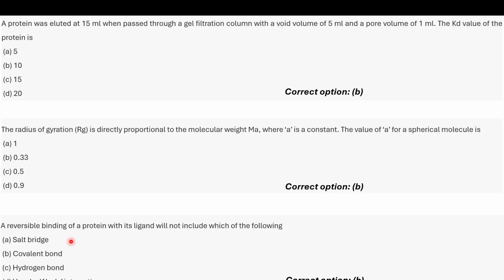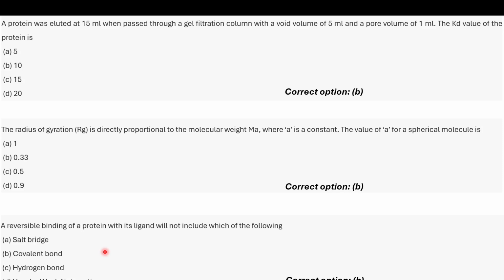So as you increase or decrease the amount of salt present there, you can see how ion exchange chromatography takes place. Basically, you are differing the amount of salt.